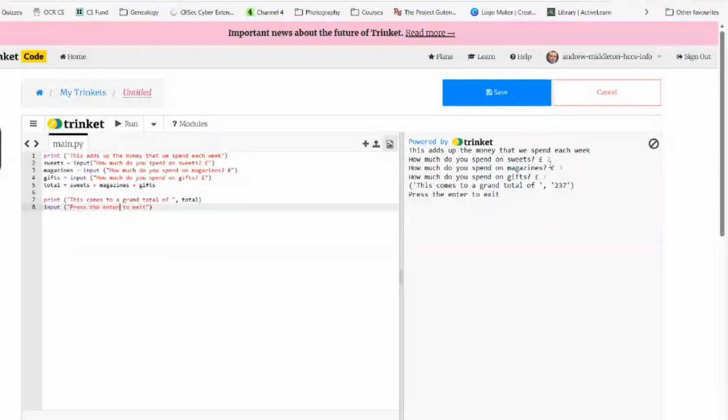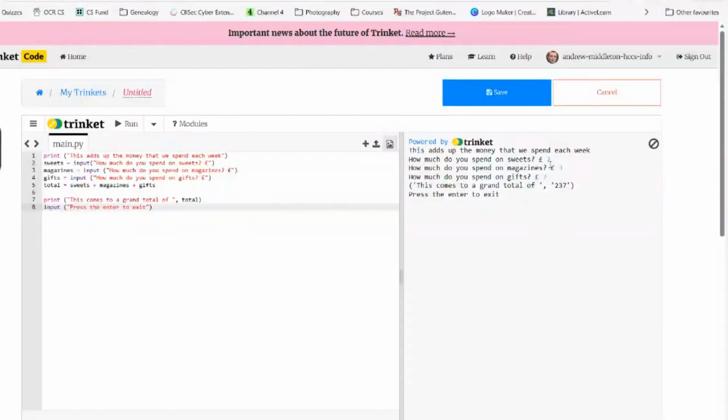But the maths has gone seriously awry. Why? What's happened? Some of you will have spotted what's happened. What's happened is it's treated them as if they are words. And those plus signs have just joined the words together.